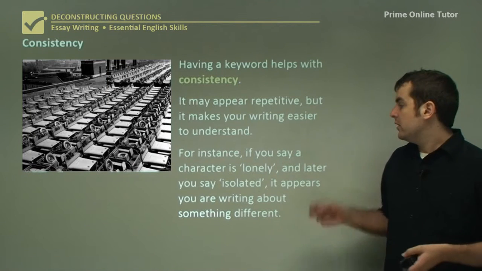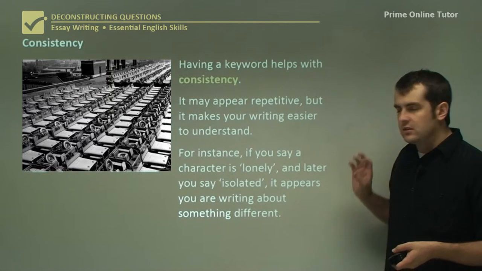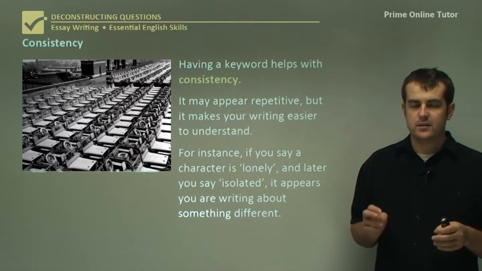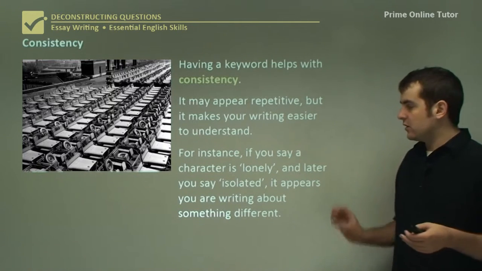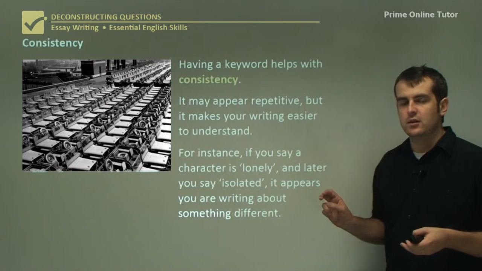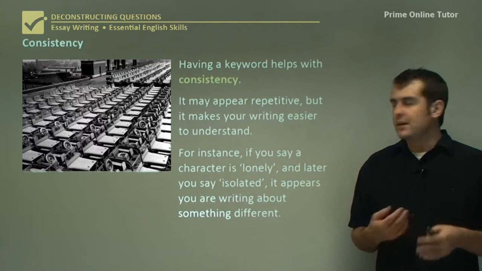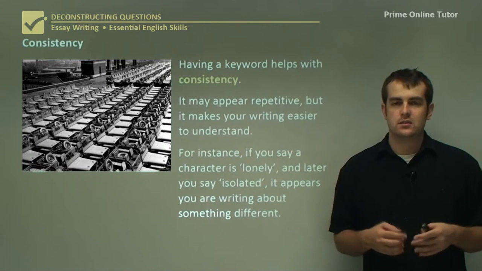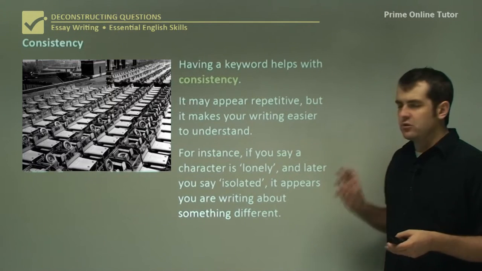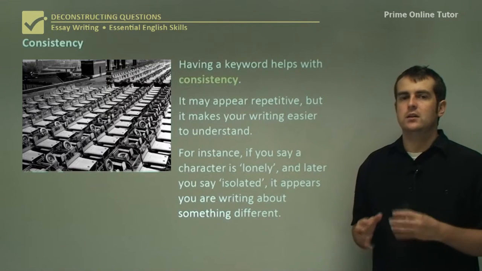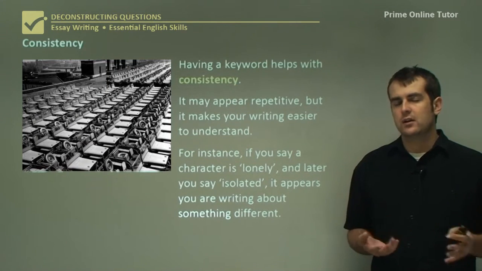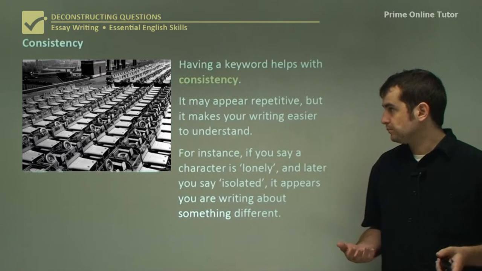To change halfway through and start talking about them being isolated instead, it either seems like you're trying to introduce isolated as a new idea, or you're just adding more ingredients into the pot. And really what you should be trying to do is keep it to one key word, so it's much, much easier for what you're writing to be interpreted and understood.